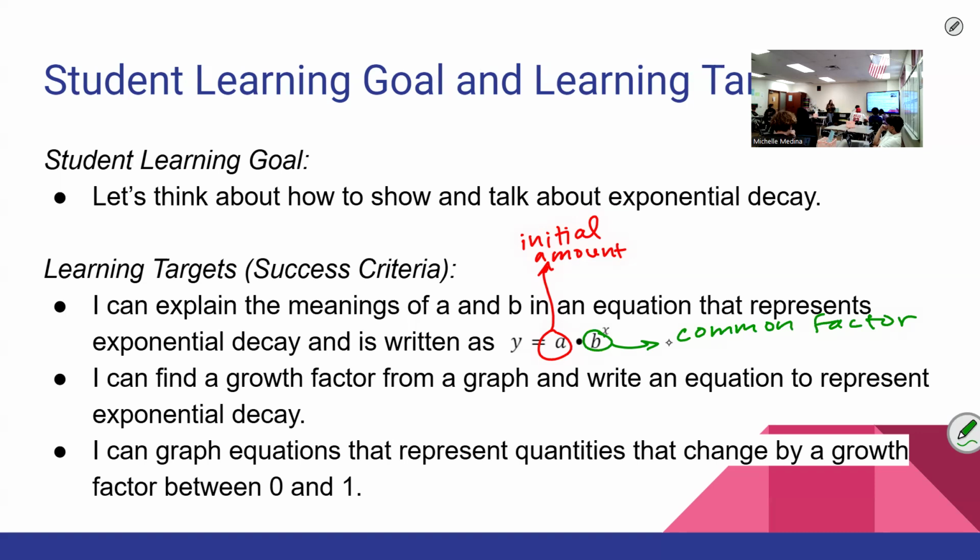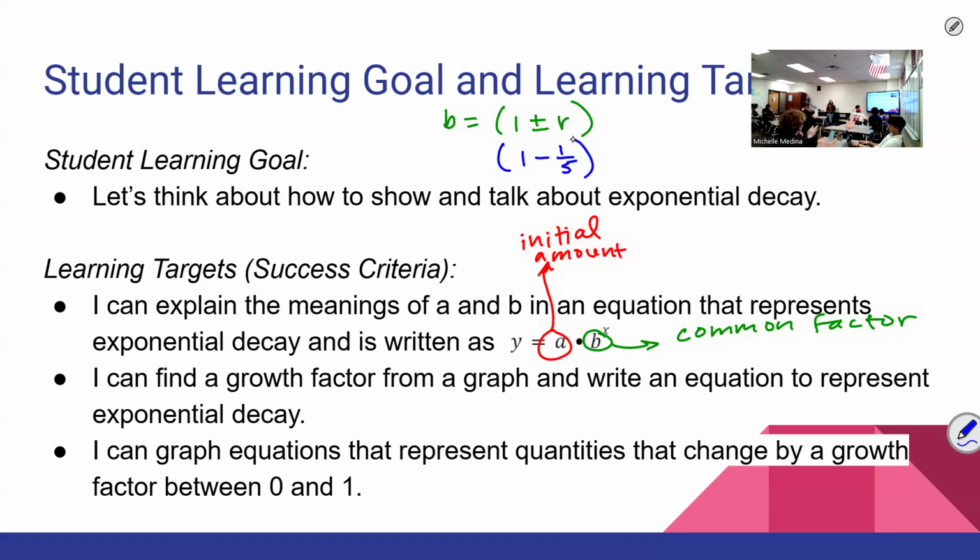So sometimes we express B as 1 plus or minus R. Because sometimes instead of telling us that it's doubling or tripling, it says that it's decreasing by a fifth. Let's just do that.